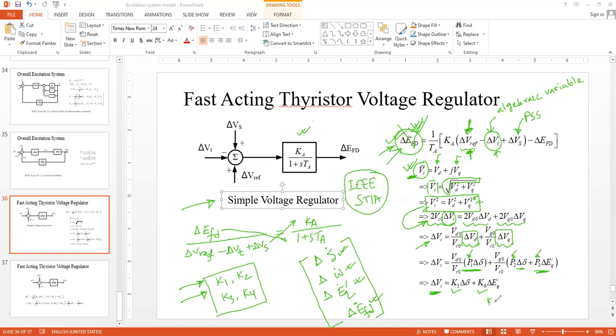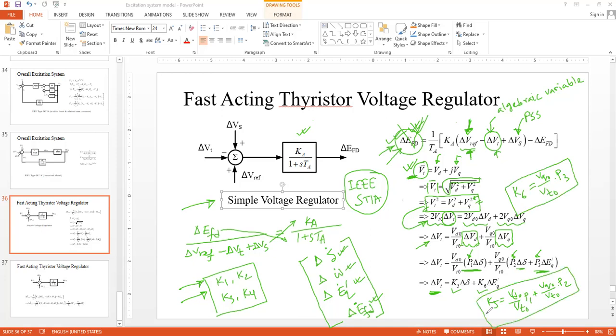What is K5? K5 is simply Vd0 over Vt0 into P1 plus Vq0 over Vt0 into P2. And K6 is simply Vq0 over Vt0 multiplied by P3. So these are the expressions for K5 and K6.